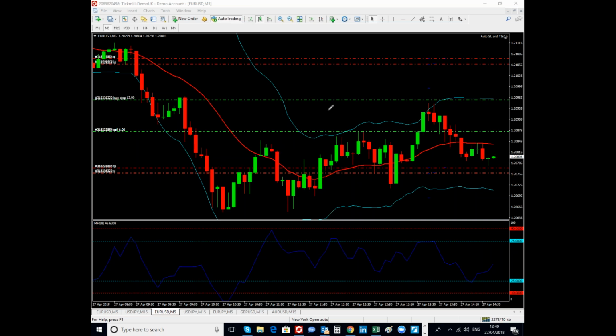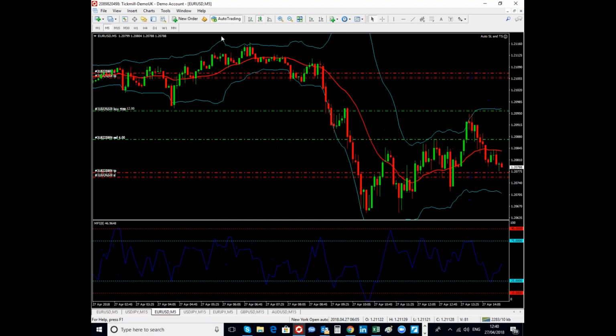If you get a strong trend, like here, you see how it's just falling and staying within the two. That's because of how fast it's falling. So what this is, it's a measure of volatility. The wider the bands go, the more volatile. The closer together, the less volatile.